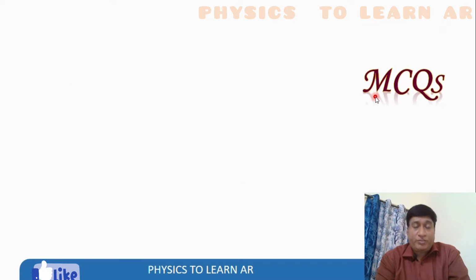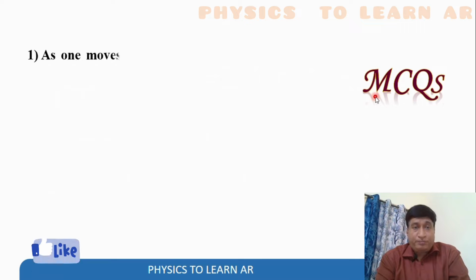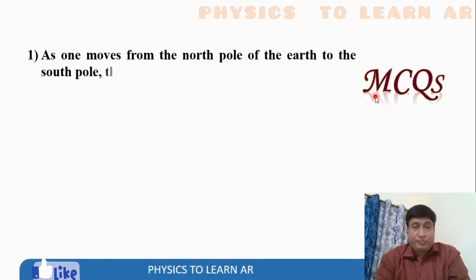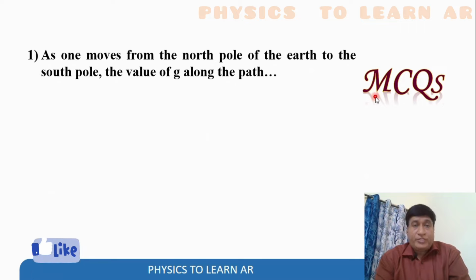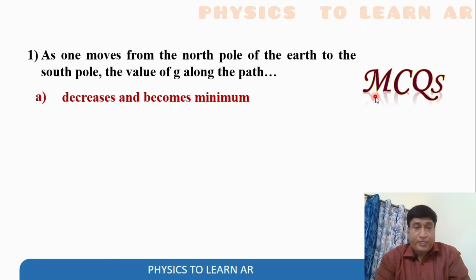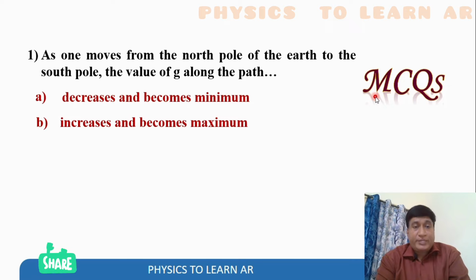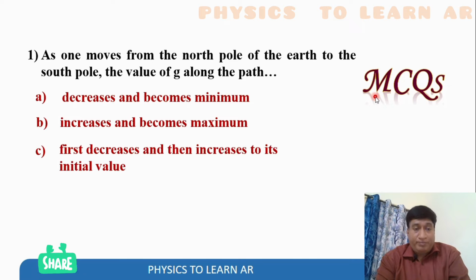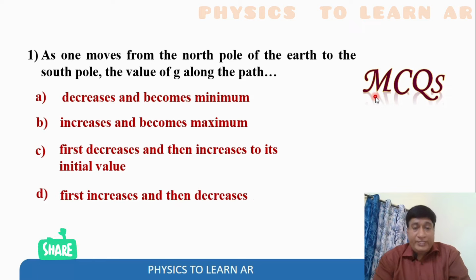With the help of this we can see MCQs. As one moves from the north pole of the earth to the south pole, the value of g along the path: decreases and becomes minimum, increases and becomes maximum, first decreases and then increases to its initial value, or first increases and then decreases.